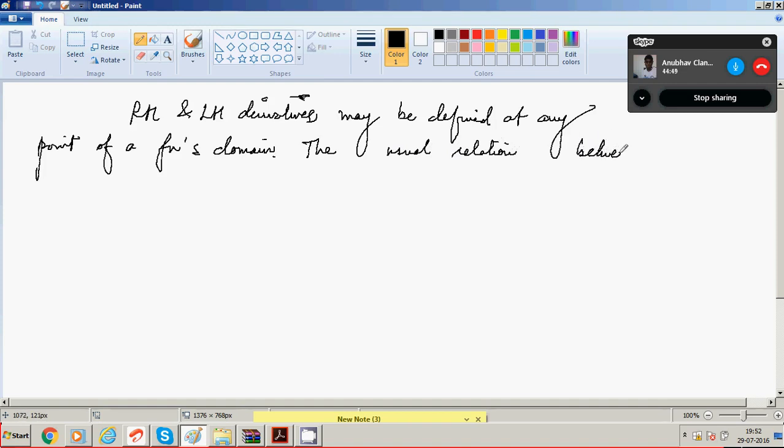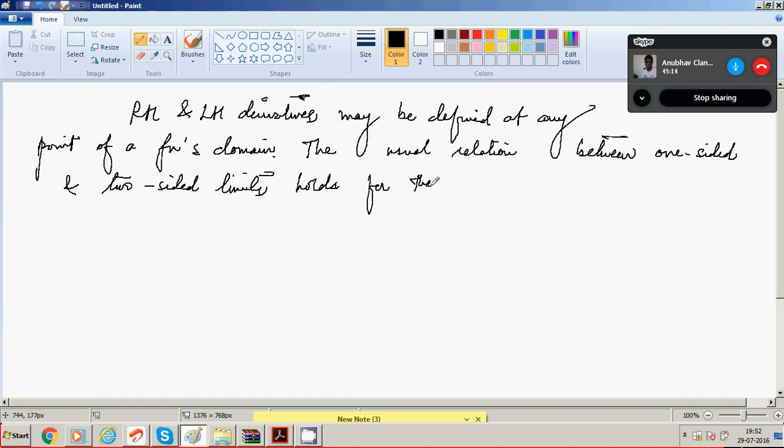between one-sided and two-sided limits holds for these derivatives also, not just limits.